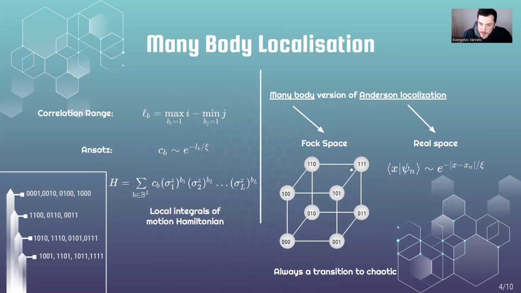Right, so when we have MBL in our system, we know from literature again that there is always going to be some kind of transition to a chaotic phase, even for 1D systems. What I mean by chaotic here is the contrast of, instead of having exponentially decaying coefficients here, we actually have them all becoming of the same order of magnitude.